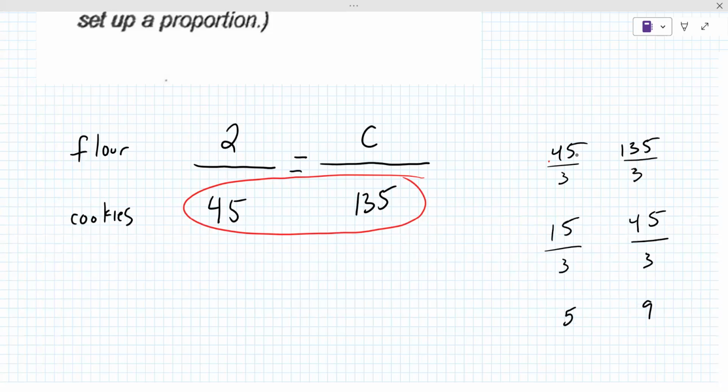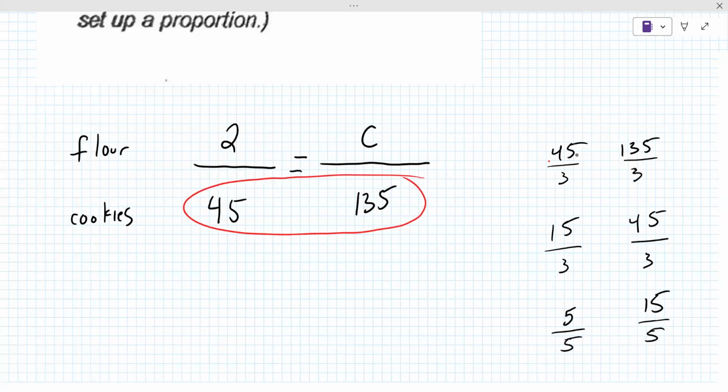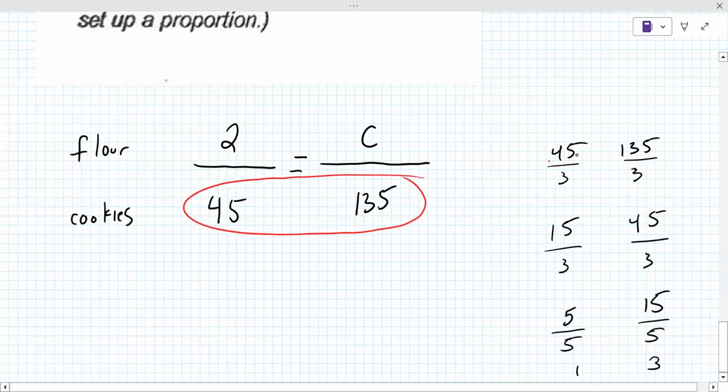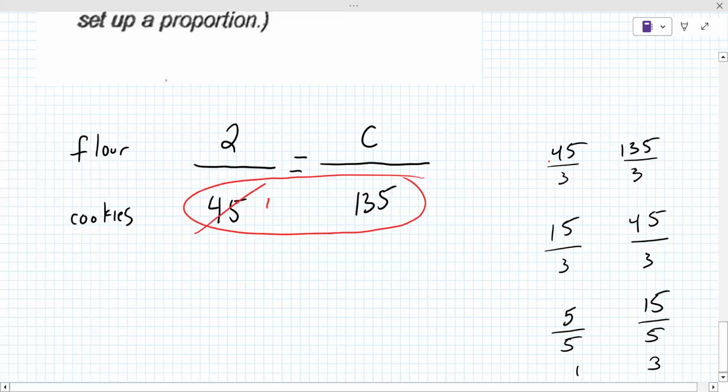You're right. And then you're like, well, 3 doesn't work anymore, but maybe there's another number that works. 5 works. 1 and 3. Okay. So the reason you pre-reduce is because you want to get this down to smaller numbers that you can easily multiply. So go ahead and try that for me, please.